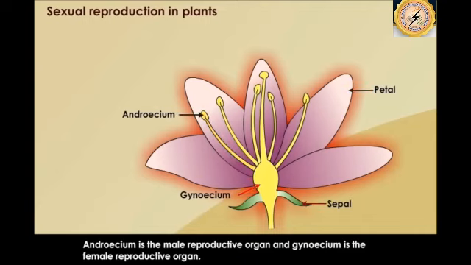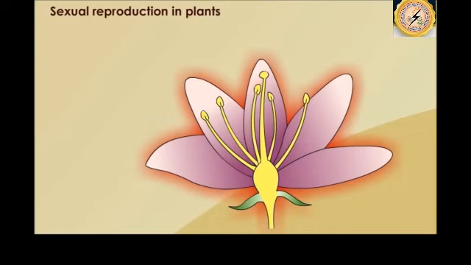So the androecium is a male reproductive organ and the gynoecium is the female reproductive organ of a typical flower. So these structures play a huge role in it.